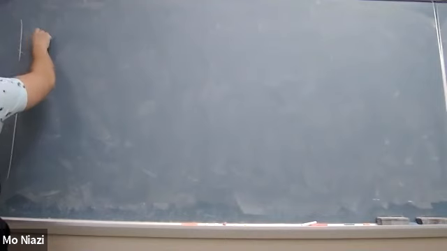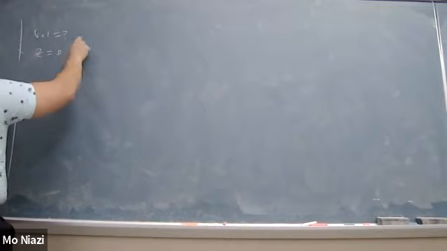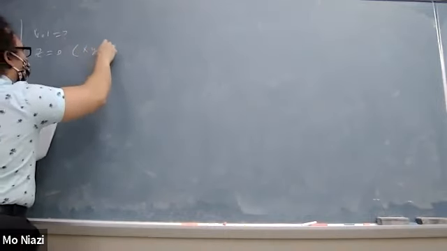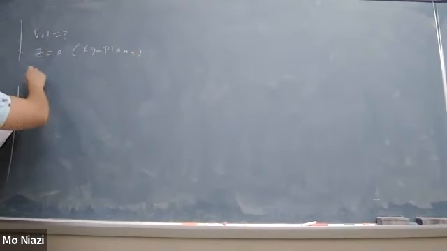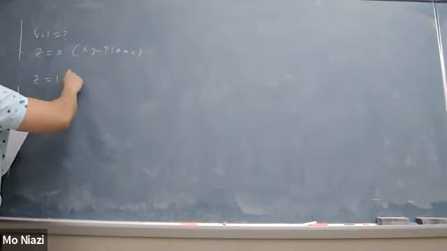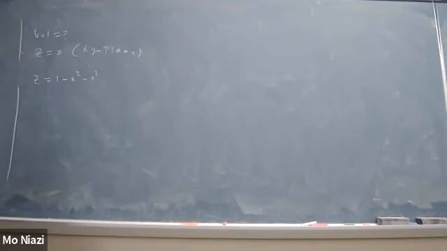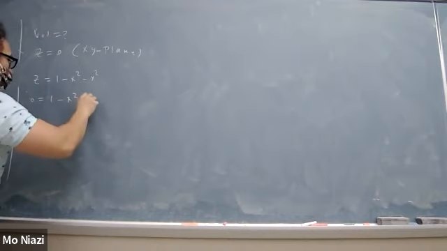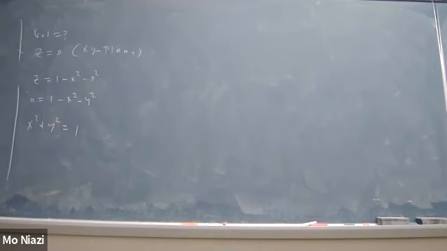Let's find the volume of the solid bounded by the plane z equals 0, technically the xy plane, and let's say the equation z equals 1 minus x squared minus y squared. Okay. Notice that if z is equal to 0, then you can say this, and then algebraically solving, you can say this, and then that's a circle of radius 1.